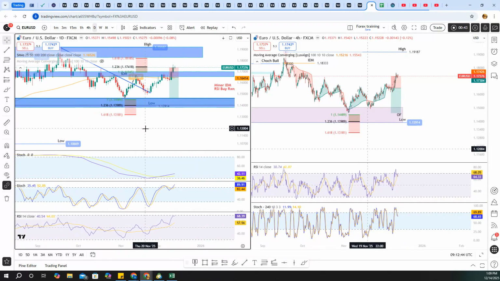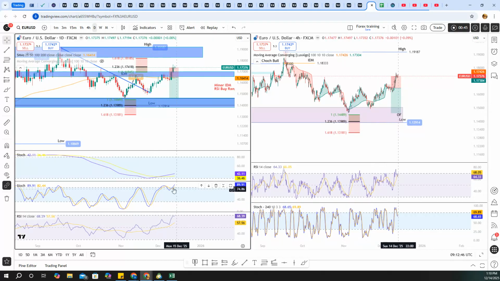The indicator that I find relaxing is the stochastic. First of all, I have the paid version of TradingView. Finally, I made use of the Black Friday offer.